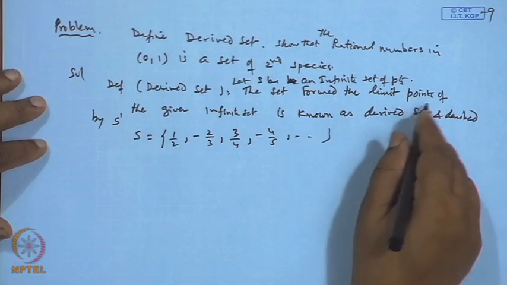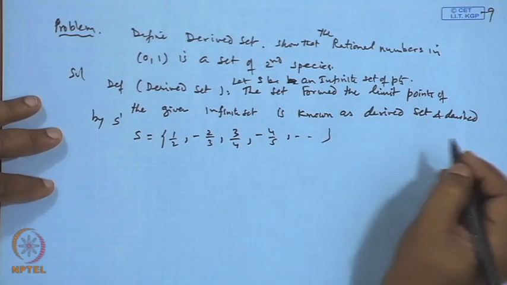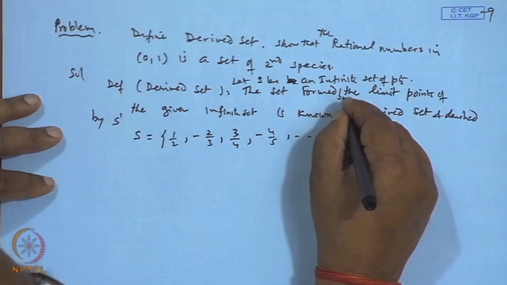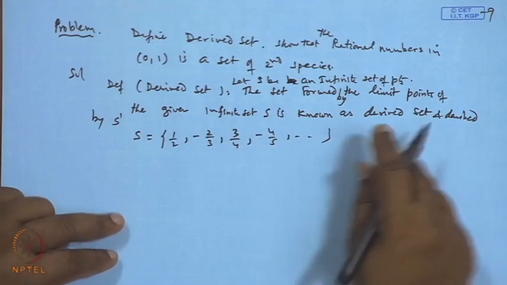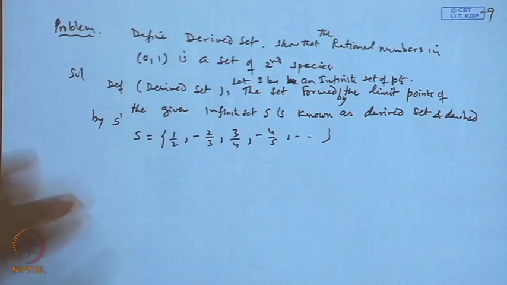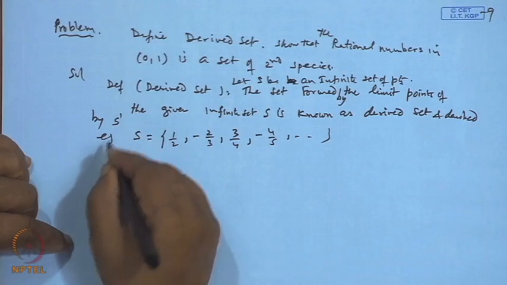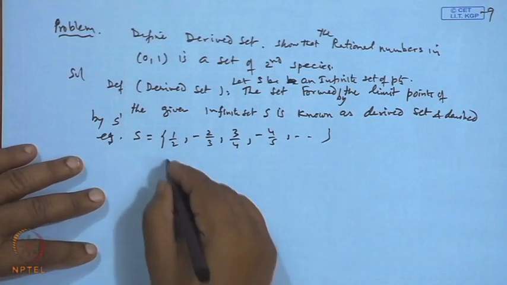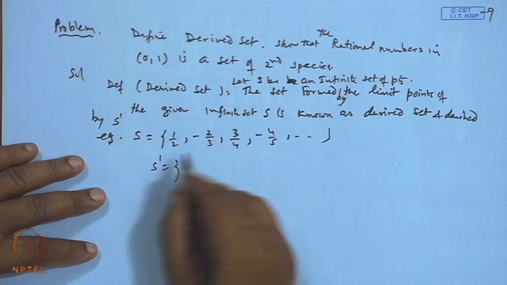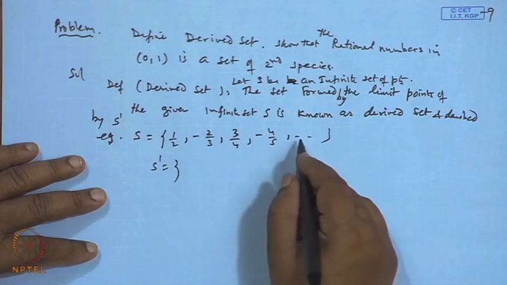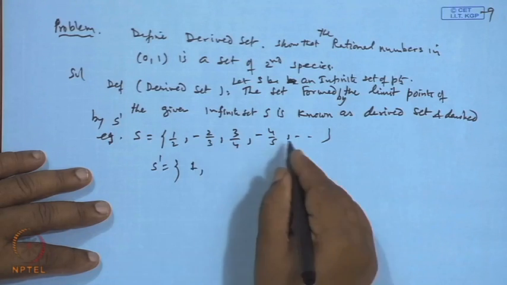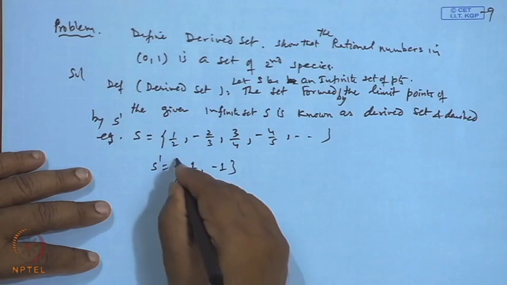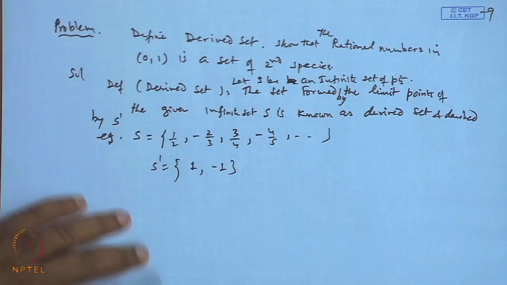Then the set formed by the limit points of the given infinite set S is known as the derived set and denoted by S dash. For example, for this set, the limit point of 1/2, 3/4 etcetera will be 1, and for minus 2/3, minus 4/5 the limit point will be minus 1. So, this is the derived set.